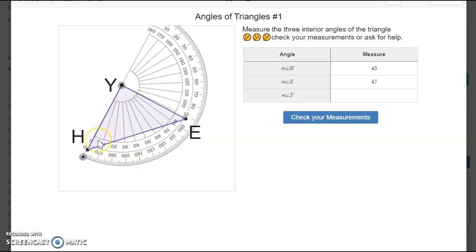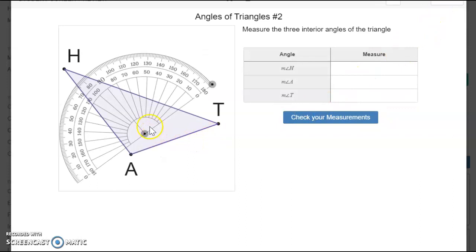Again, I want to be measuring from the inside line because I need to be counting from 0. 0, 10, 20, 40. It is less than 90. What would you say is the angle measure here? It's less than 90, maybe by about 2. So I'm going to say 88. Now it's giving me, it's awesome. That means all my numbers are pretty accurate.